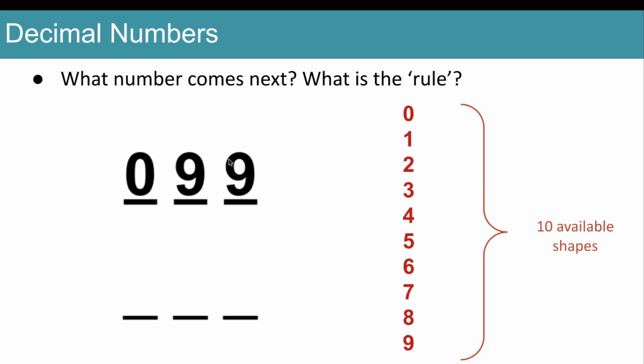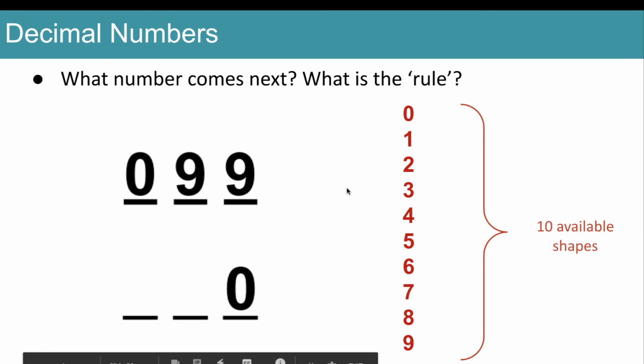And so if I look at this number, 099, what comes next? What was one of the rules that you came up with when going to the next number with circles and squares? Well, if my rule is when I get to the last symbol in my number system, I need to start over, then I'm going to start over with a 0, but that means I need to put a 1 in the next place value.